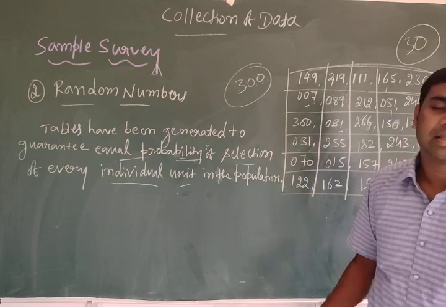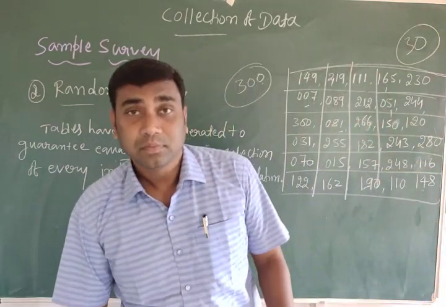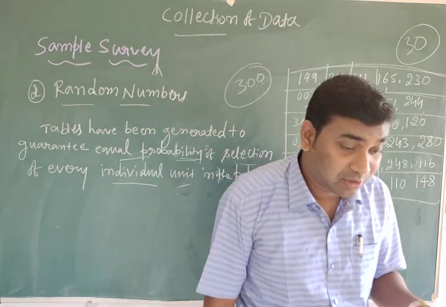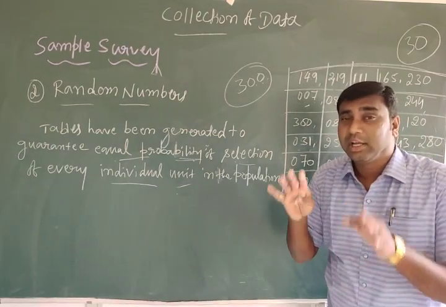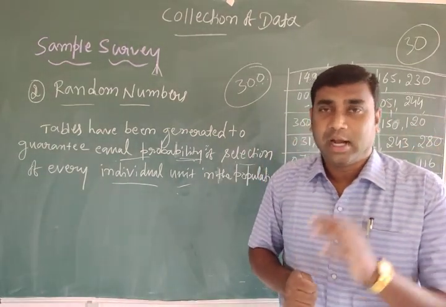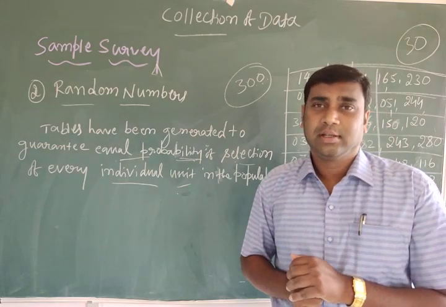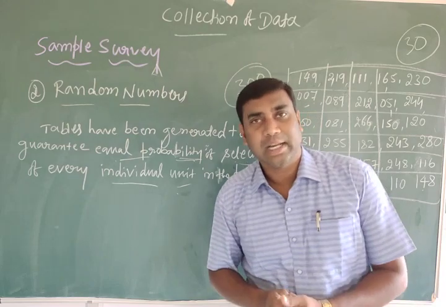So we are discussing about sample survey. Sample survey is nothing but it is a group or section of a population from which information has to be obtained. Right? Under that we have to discuss two types. One is random sample, another one is non-random sample.